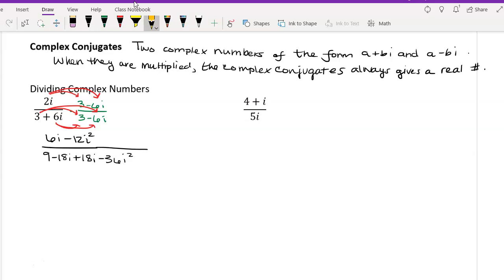All right, let's see if we can simplify anything out. Well, I know that i squared is just negative 1, so anywhere I have an i squared, I'm just going to put negative 1. We have 6i minus 12 times negative 1. Nope, can't simplify anything there.